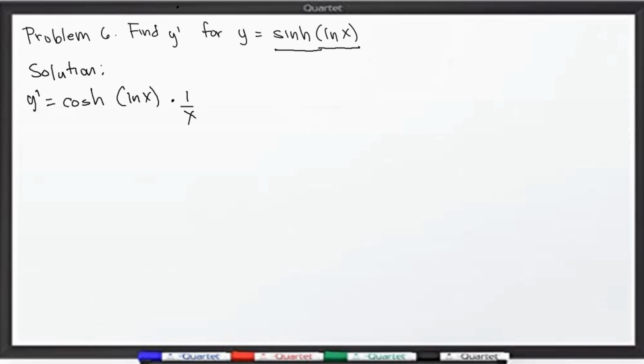But we can still simplify this by the definition. Tandaan po natin yung definition ng cosh of x is equal to e to the x plus e to the negative x all over 2. Meron daw po tayong ganitong definition.